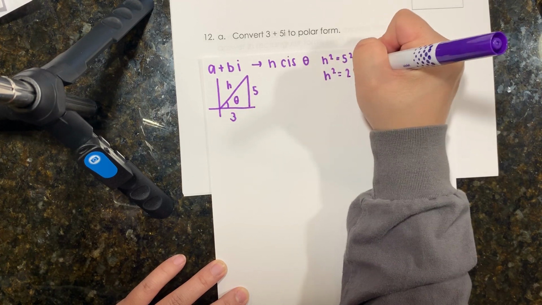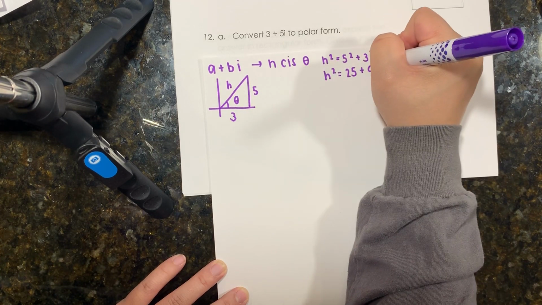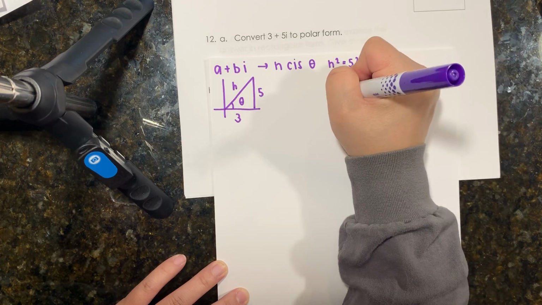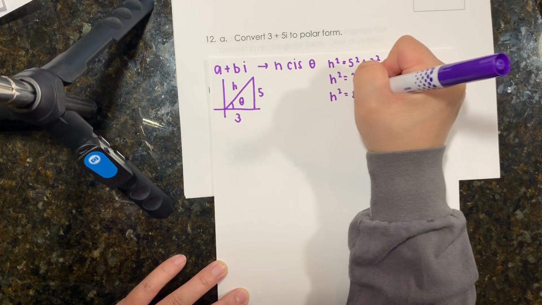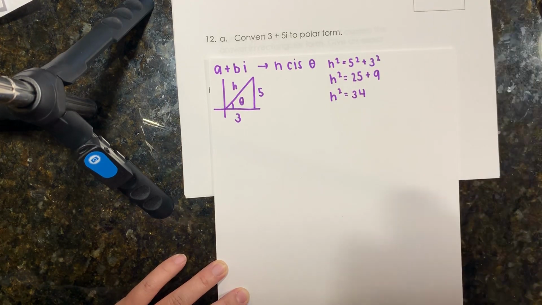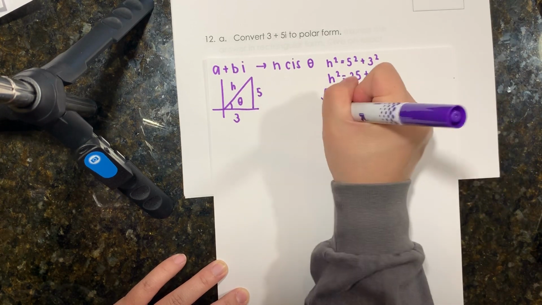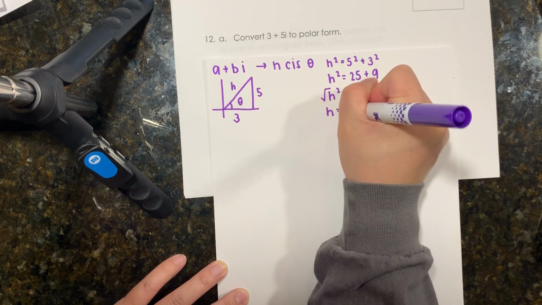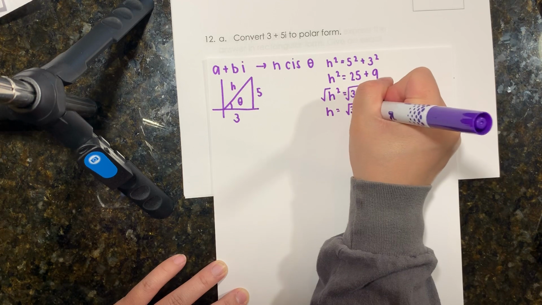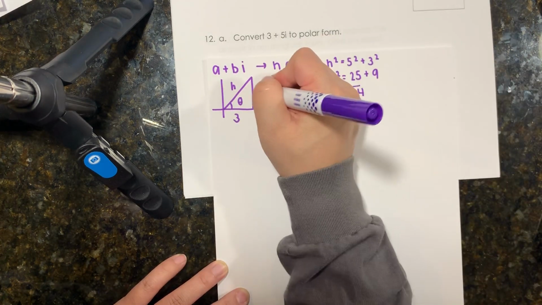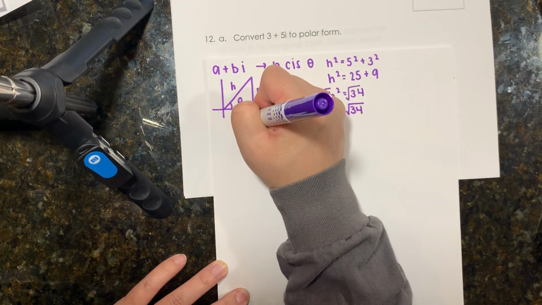Pythagorean theorem, so 25 plus 9, h squared equals 34. So this would just be the square root of 34. Then to solve for your angle, this is your opposite side, this is your adjacent side.